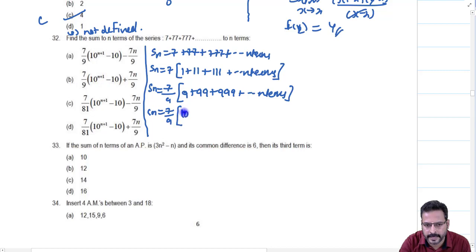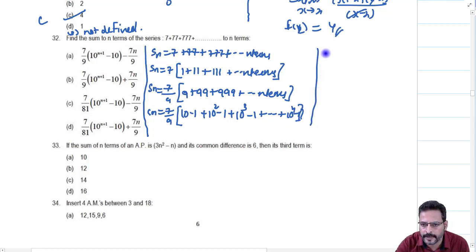We can write 9 as 10 minus 1, plus 99 as 10 square minus 1, plus 10 cube minus 1, plus etc., plus 10 raised to n minus 1. Therefore, Sn is equal to 7 by 9.